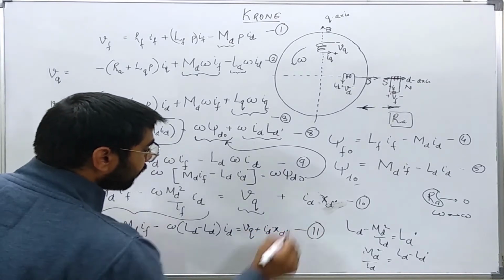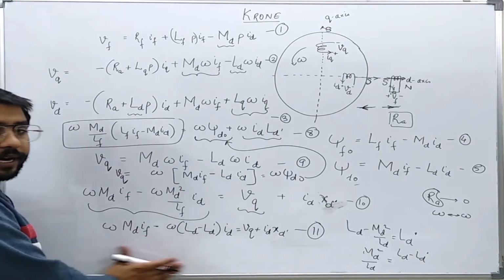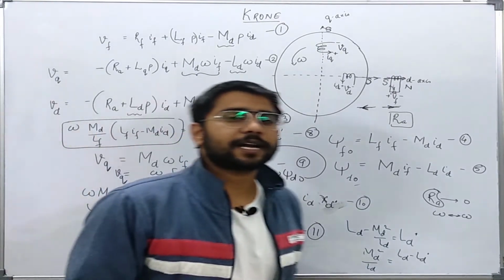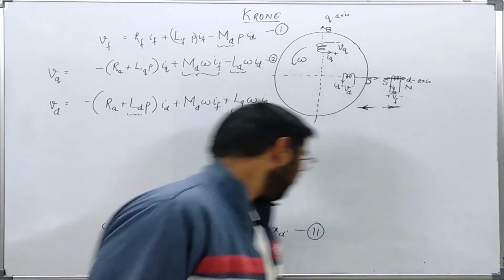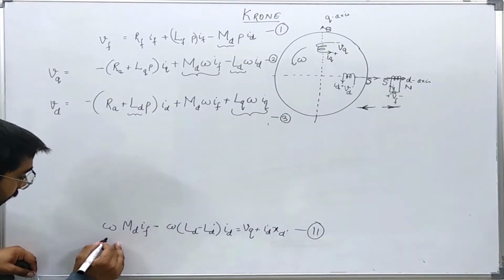Let us say this is equation number 11. Now we will further manipulate this equation and try to make a phasor diagram out of it. Now what is this thing?